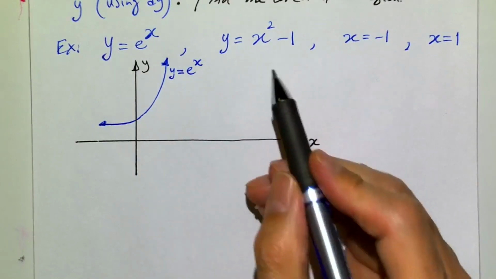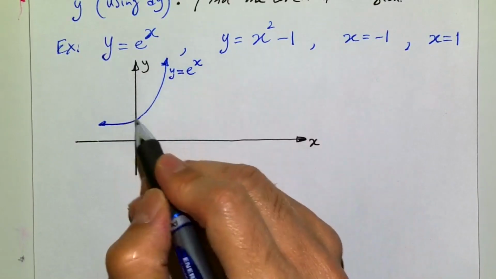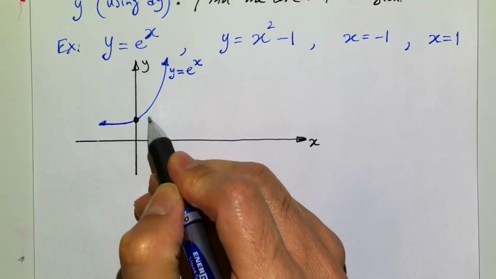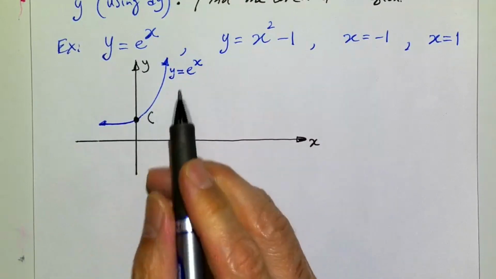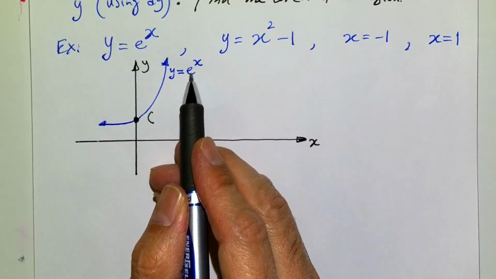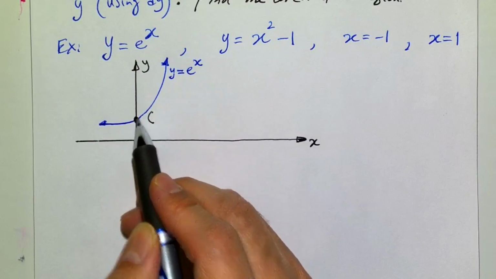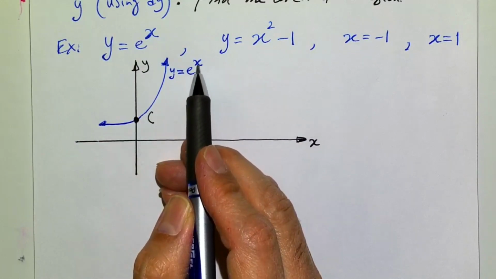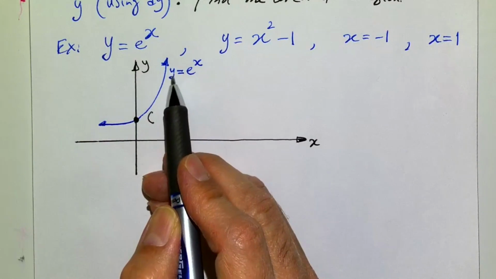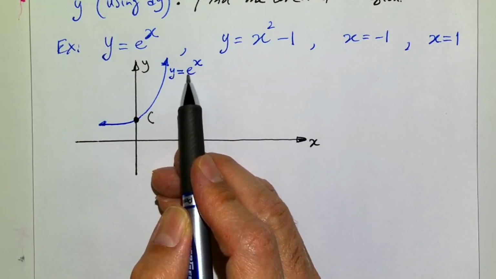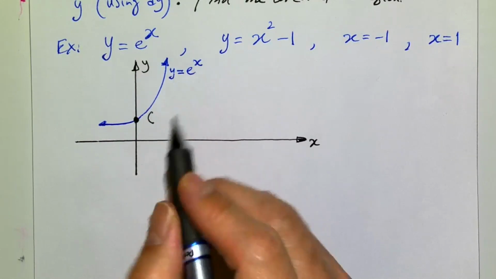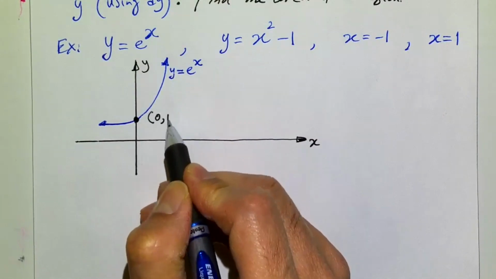By the way, this point is the y-intercept for this function, right? If you substitute 0 for x, we get y equals 1, since e to the 0 power is just 1. So that's the point (0, 1).